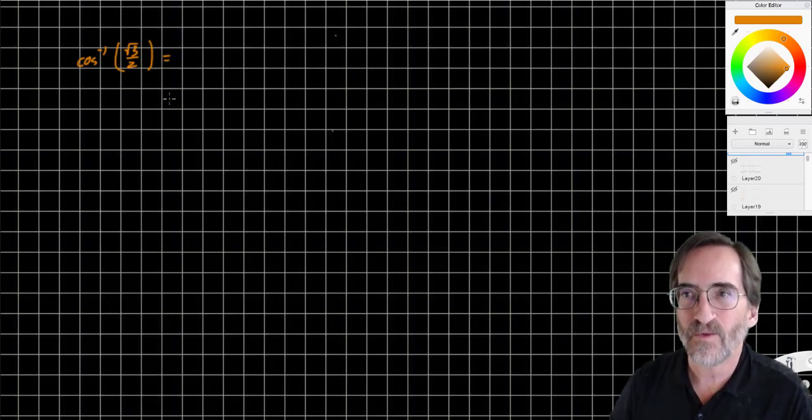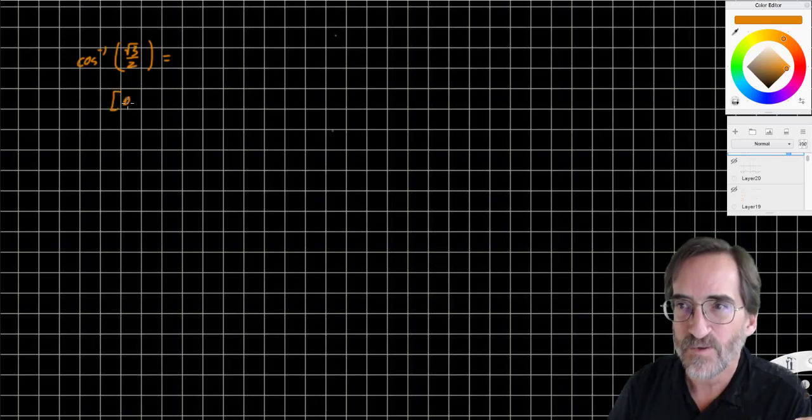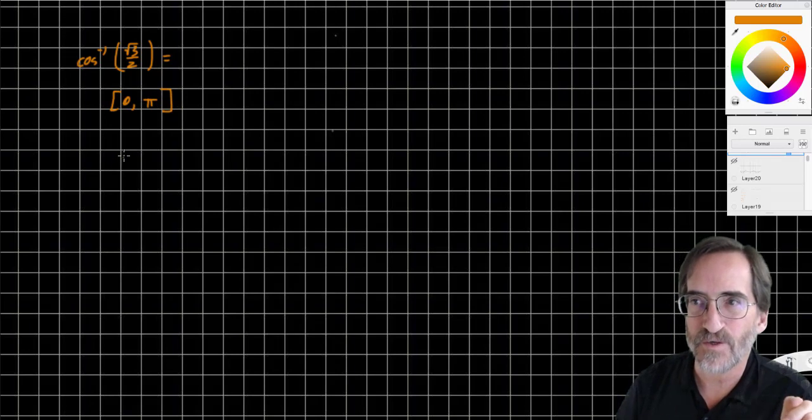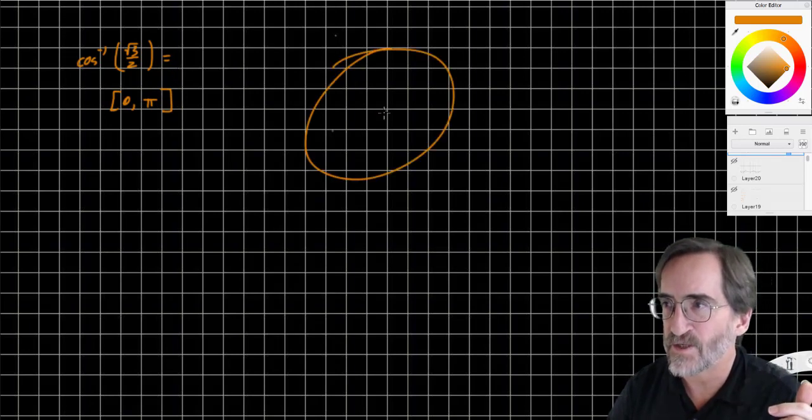Now the arc cosine is restricted to be between 0 and pi, because that's the restriction, and it's going to give you a value that's in that range. So I'm just going to sketch here.